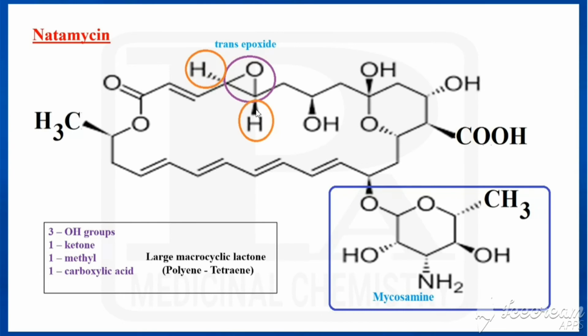If they are different, it is trans. Here one is alpha, one is beta. That's why both are different, and that's why it gets the name trans. That's why it is a trans epoxide. So that is an important point. This is the only polyene antibiotic that has a trans epoxide.